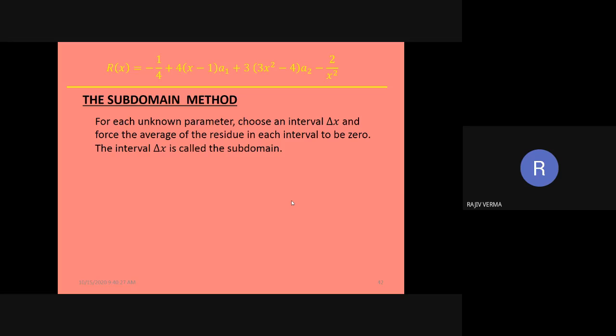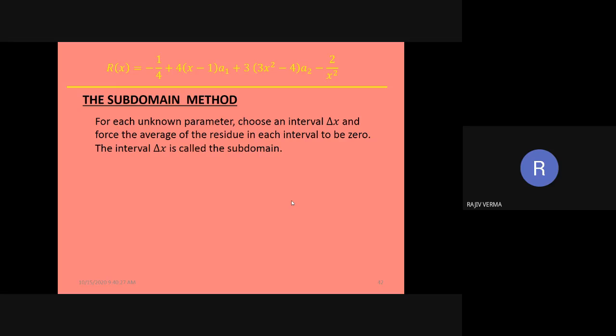So since the length of the domain happens to be 1, delta x can be 1% of the length 1. So this is how delta x can be evaluated. And then what we are supposed to do is average the residual in each interval. Okay? We will integrate the residual. That is, once you integrate the residual, you are going to get the summation of residual, and then it is supposed to be divided by delta x also.